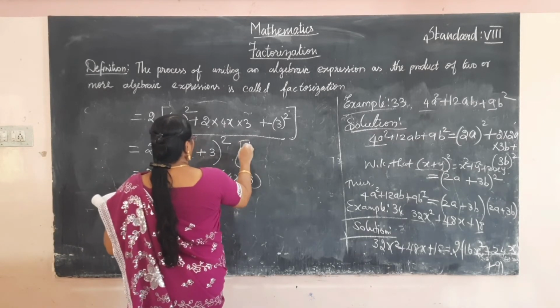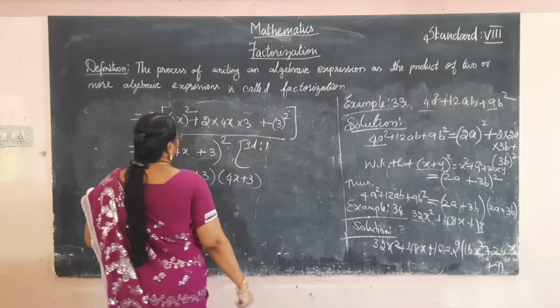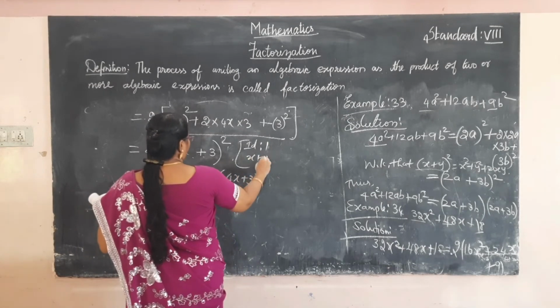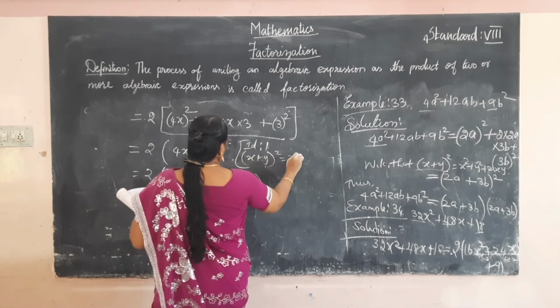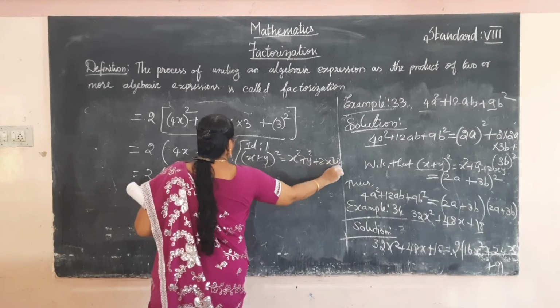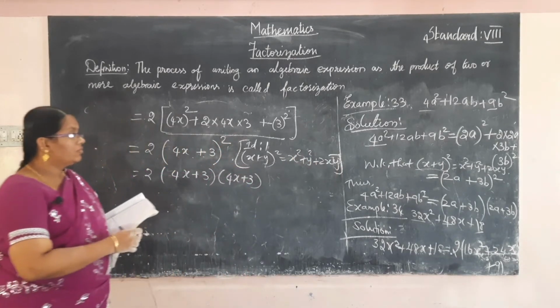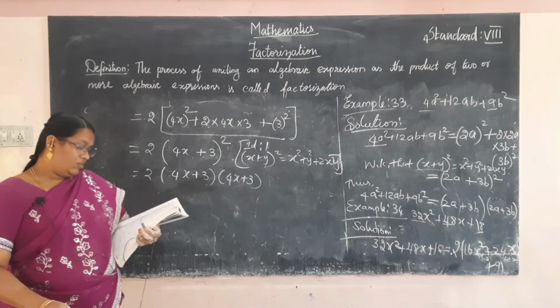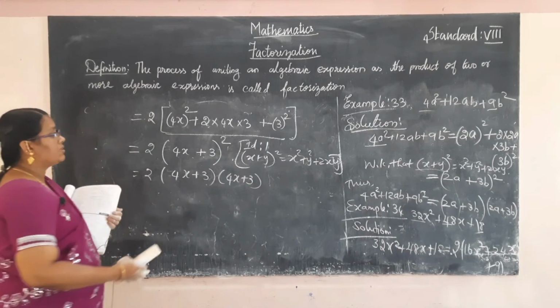Here write identity 1: x plus y the whole square is equal to x square plus y square plus 2xy. Now move to the exercise problems.